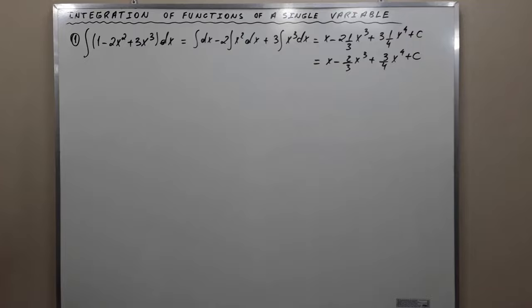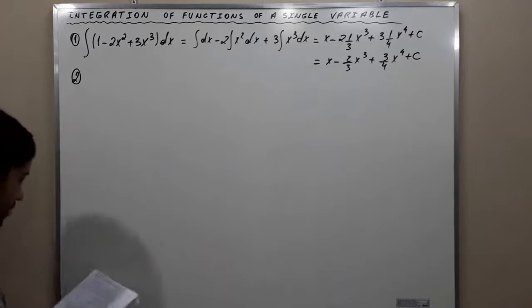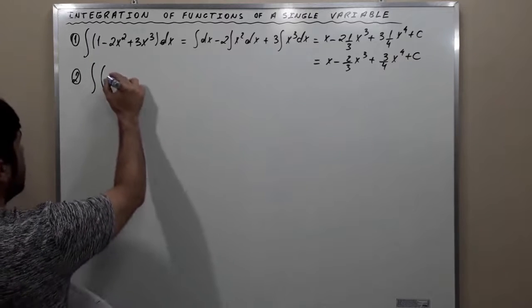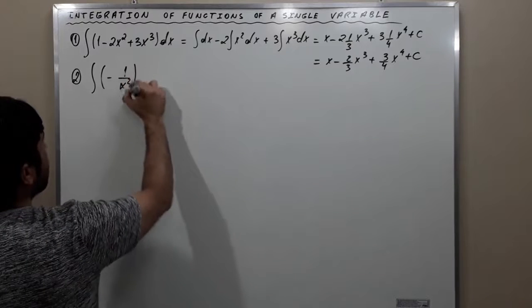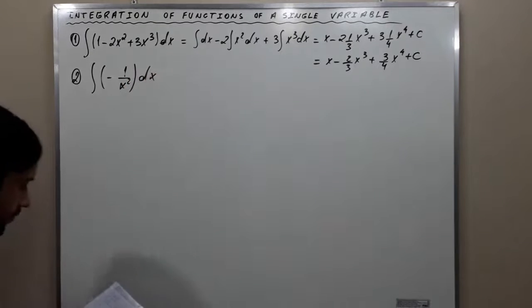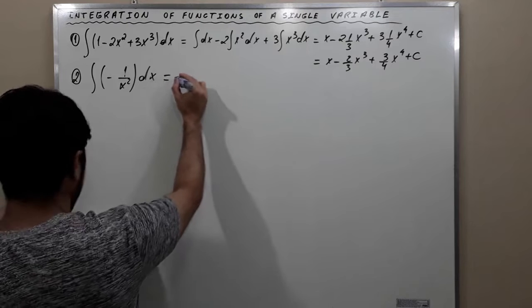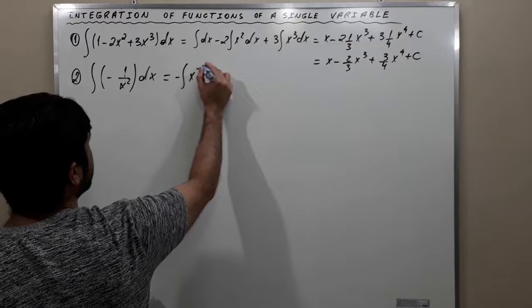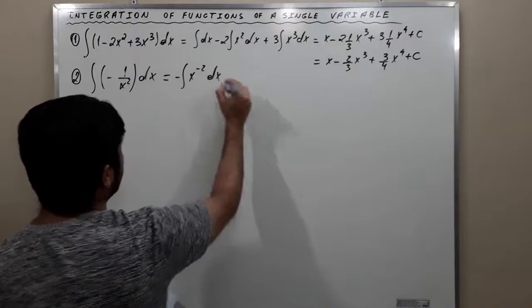Let's go now to exercise 2. Exercise 2 is going to be the integral of the negative of 1 over x squared dx. And the technique that we are going to use is, this is the negative of x to the negative 2 dx. Okay?